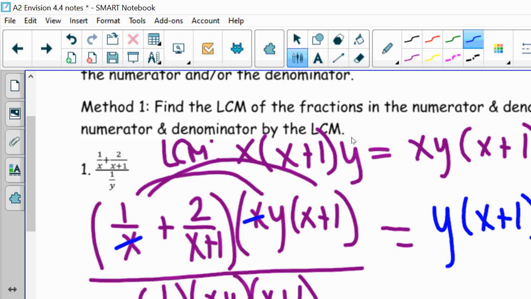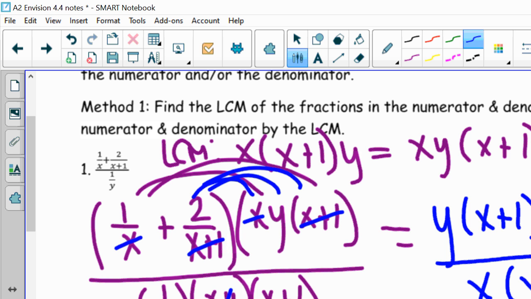Plus, now when I distribute the 2 with all of that, it has an x plus 1 in the denominator, right? So my x plus 1's cancel out there, and I'm left with 2xy. Over, down here, my y's cancel, and I'm left with x times x plus 1. Okay. Now up top, I need to go ahead and distribute here.